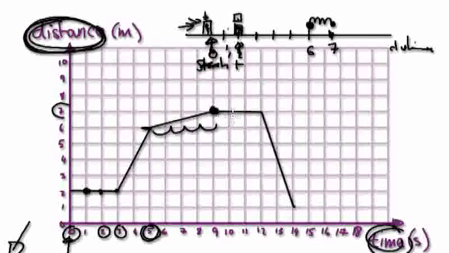And then here, at 10 seconds, you are still at 7. At 11 seconds, you are still at 7. At 12 seconds, you're still here at 7. And then look what's going on here. At 14 seconds, you are back at 1. Look at this. You are back at 1.